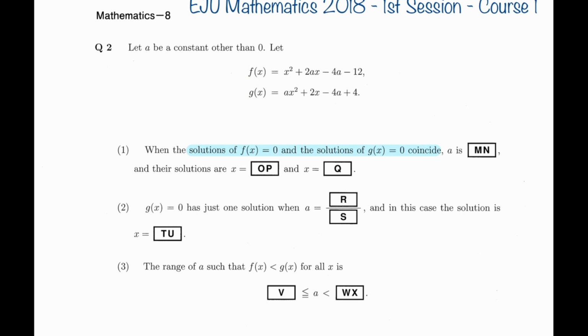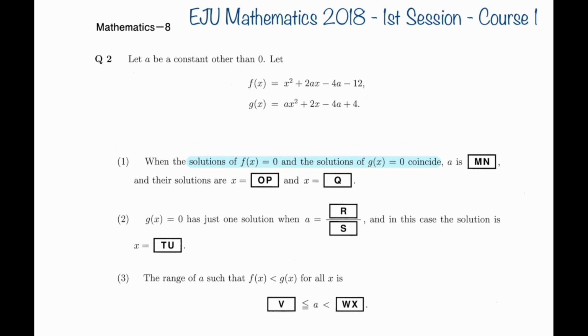So for the first question here, we want to find the value of a for which the solution of f of x and g of x to be equals to 0 are coincide. As you can see, solution of f of x equals to 0 means we want to find the value of x where this parabola cuts x-axis.